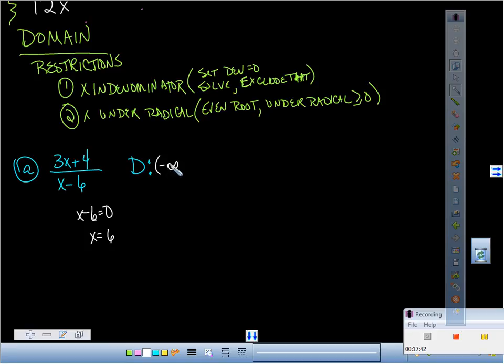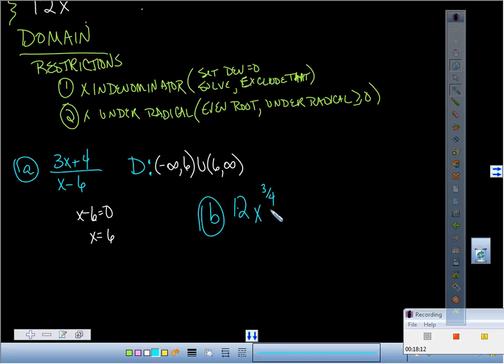Negative infinity to 6 excluded, then union. Perfect. Come on guys, you are not remembering stuff. You have to remember stuff. Everything that I've taught you this year, you're going to have to know next year.